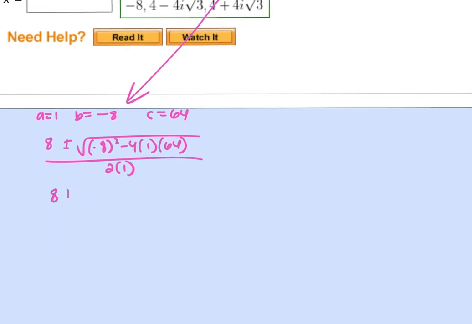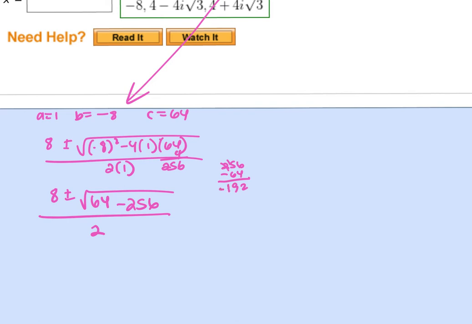And I get 8 plus and minus the square root of 64. 4 times 64 is 256 over 2. And then 64 minus 256. This should be negative 192. 8 plus or minus the square root of negative 192 underneath the radical.